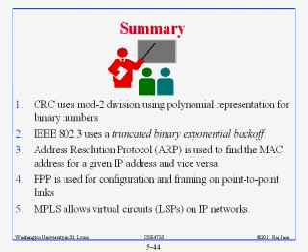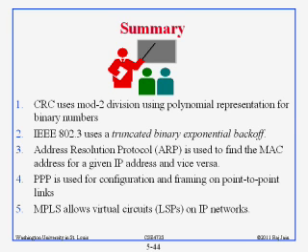So to summarize the whole layer 3 now. We talked about CRC and mod 2 division. We didn't talk about polynomial representation; we did the binary numbers, so that's good enough. And then IEEE, we talked about Ethernet. Oh, sorry, this is not layer 3, this is layer 2. Let's summarize the whole layer 2.